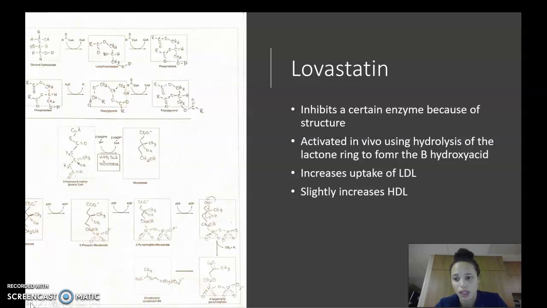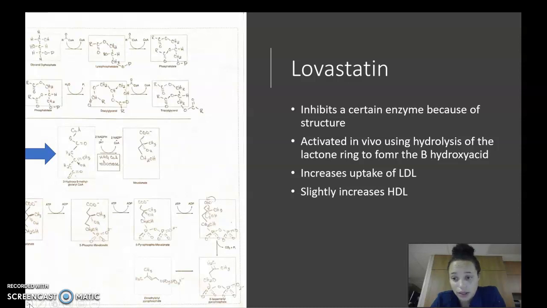The way that lovastatin works is that it inhibits a certain enzyme, which, as you can see, is right there, the HMG-CoA reductase. It is inhibited whenever lovastatin enters the body because it's activated in vivo when it uses hydrolysis, and it mimics the lactone ring to form the beta-hydroxy acid.